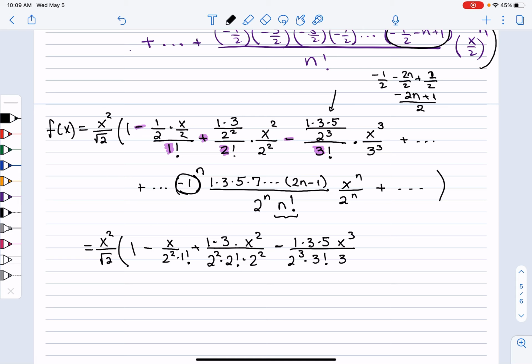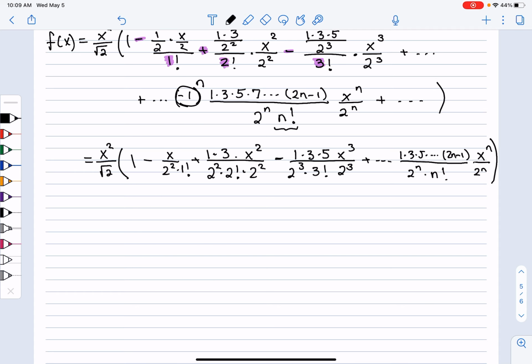And then we put all the way to, let's say, 1 times 3 times 5 times 7, all the way to 2n minus 1 over 2 to the n times n factorial times x to the n over 2 to the n.